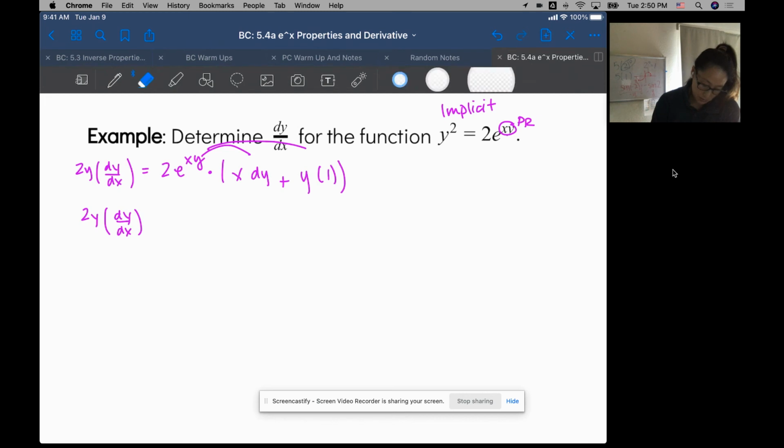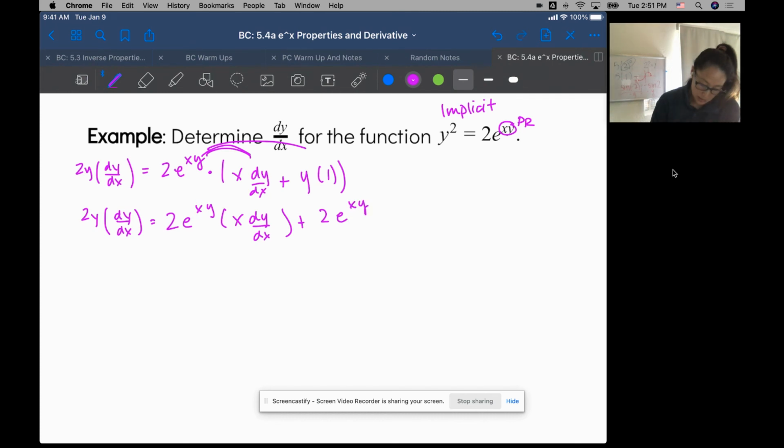I got a little crazy with the eraser there. Okay, so I get 2e to the xy times x dy dx plus 2e to the xy times y. Yeah, that's nice. Okay, let's get all of our dy dx's on one side.